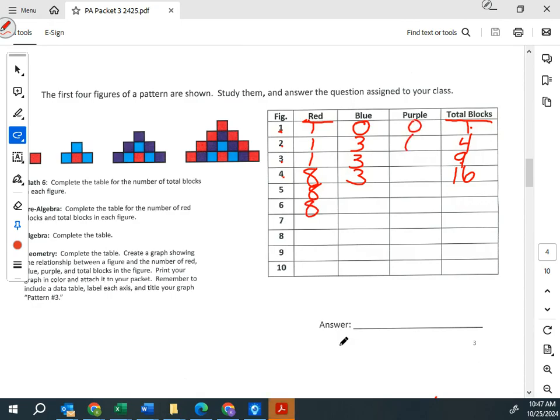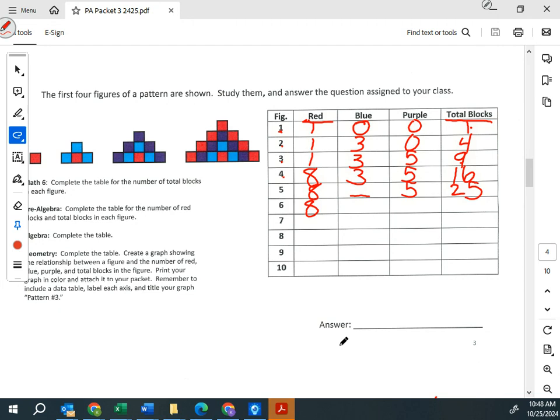Purples, we had 0, we had 0, we had 5, we had 5, we were gonna have 5. If I can figure out, this would be 25, can I figure out how many blues? Alright, if there's 25 total, I subtract out my purples and reds and I'm left with the blue. And I just worked that going all the way down to figure out how many reds there were.